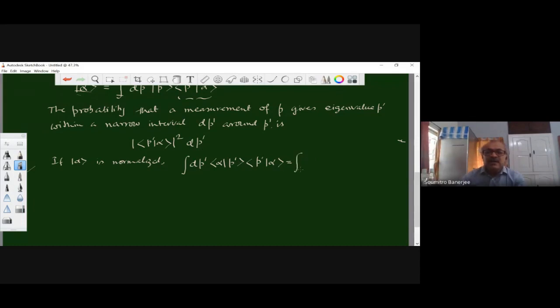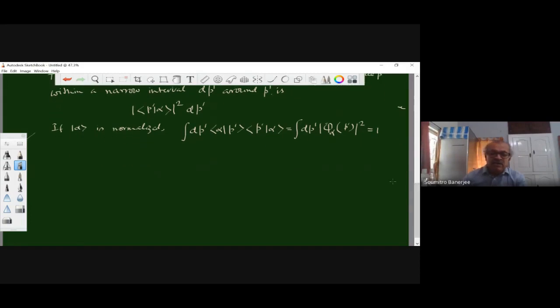So it is the integral of, we will signify that using phi, because we are now working in the p space, phi alpha as a function of p prime, and its mod square, because the star and itself was there. This must be equal to 1. So that is the normalization in the p space. There's nothing very surprising about it. So far, there's no problem.